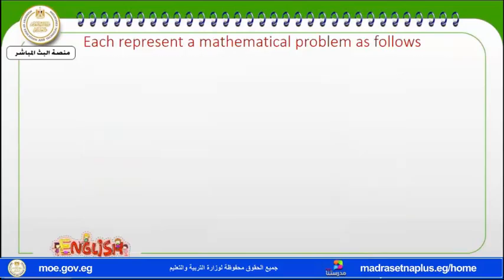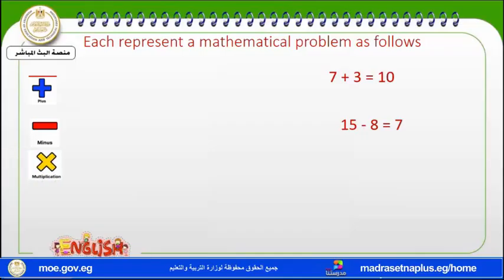So as you have just seen in the video, each sign represents a mathematical operation as follows. This is the plus sign, which means if you add 7 plus 3, you will get 10. The second one is the minus sign, which means if you take 8 out of 15, you will have 7.